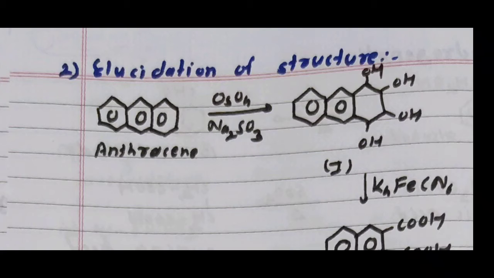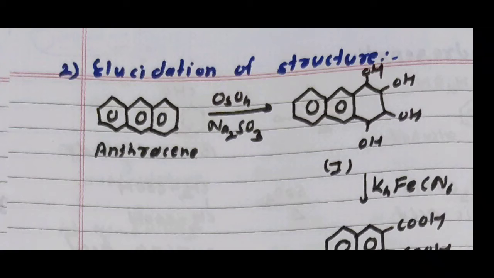Here benzene rings, in anthracene, three benzene rings are attached to each other. Therefore, the fusion pattern of benzene rings in polynuclear hydrocarbons can be deduced. For example, oxidation of anthracene by osmic acid, OsO4, followed by potassium ferricyanide helps to establish the fusion of benzene rings.